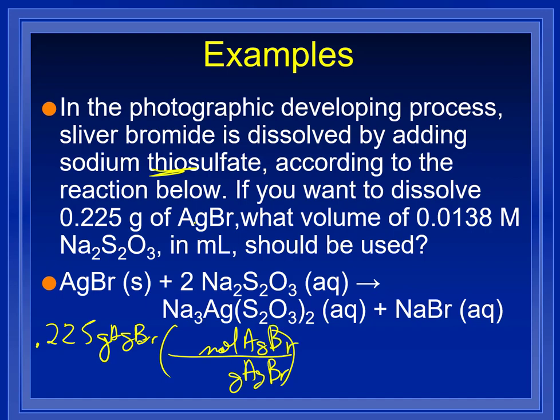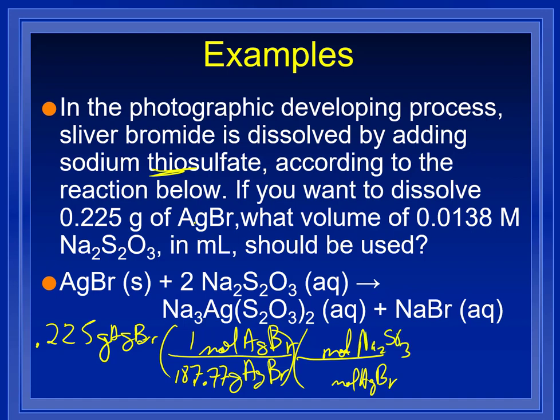And 1 mole is 107.87 plus 79.9, 187.77. And then my balanced equation, I can go from moles of AgBr to moles of sodium thiosulfate, Na2S2O3.